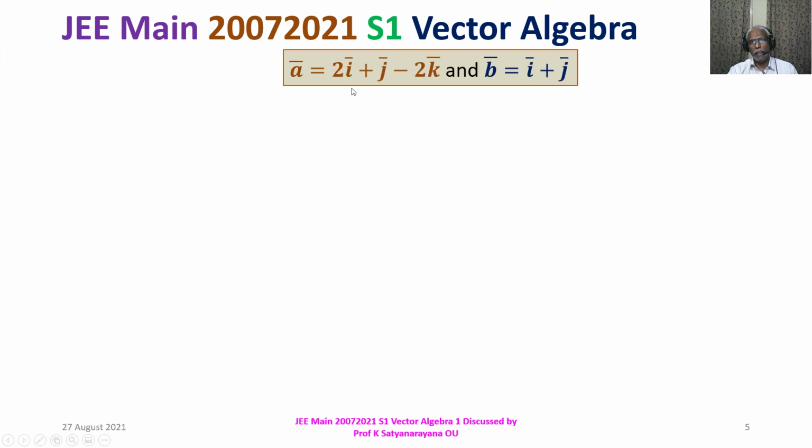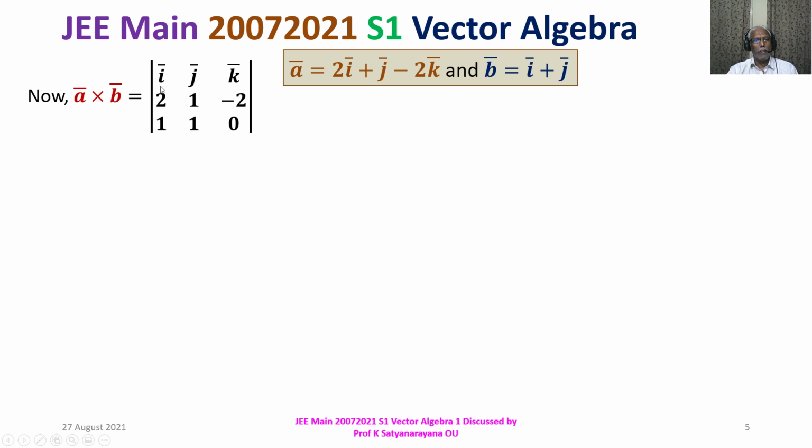And we have the vector A, vector B. We compute A bar cross B bar. The determinant: first row i, j, k, and the second row is the components of A, that is 2, 1, minus 2. Third row, the components of B, that is 1, 1, 0.